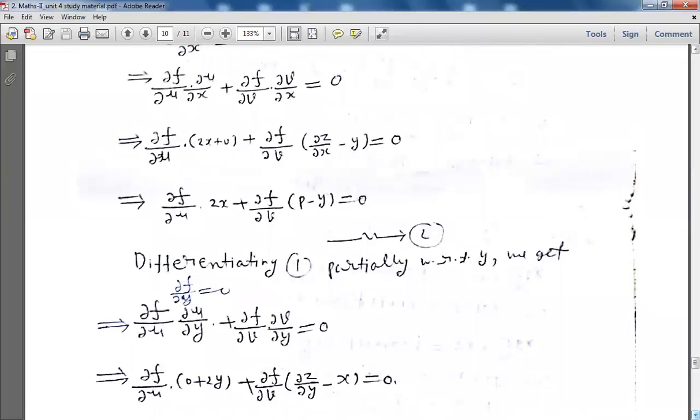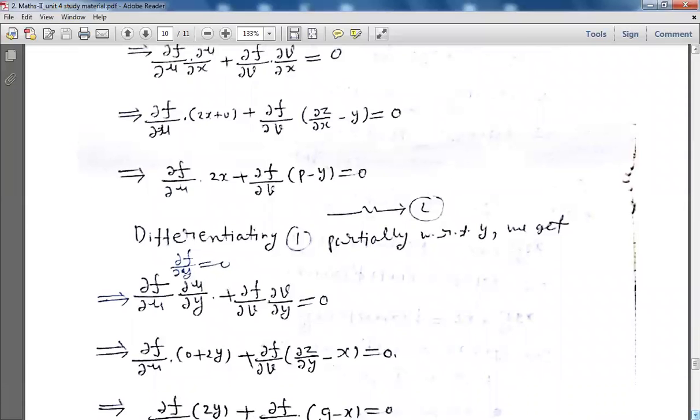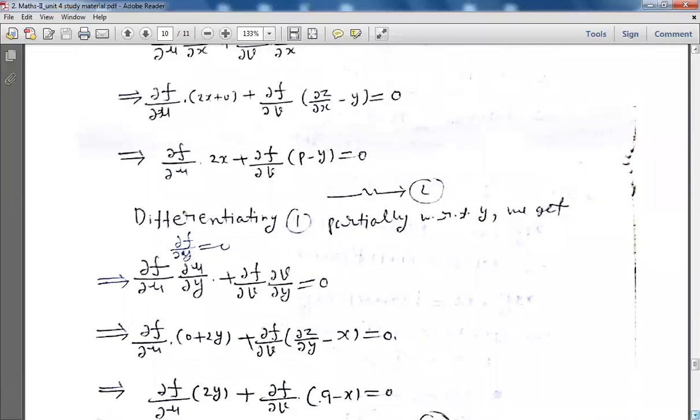Now differentiating 1 partially with respect to y, we get ∂f/∂y = 0. Here y is treated as the parameter, so ∂f/∂y is the total differential coefficient. So use the concept of total differential coefficient.